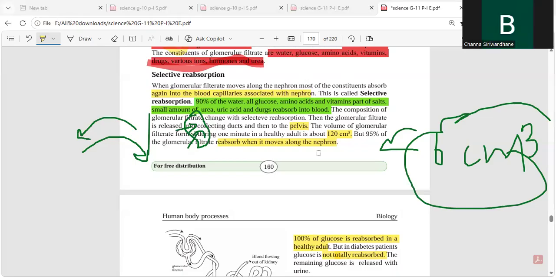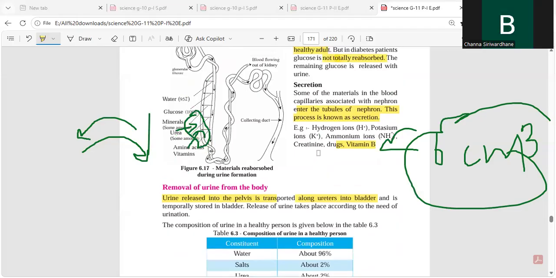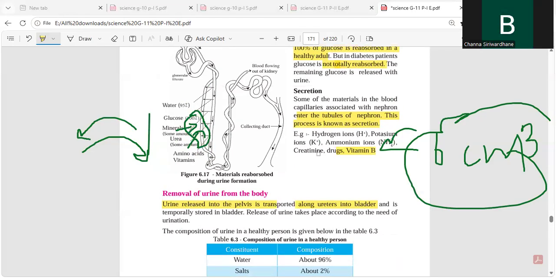Then to the next section. So, yes, write it. Define secretion.